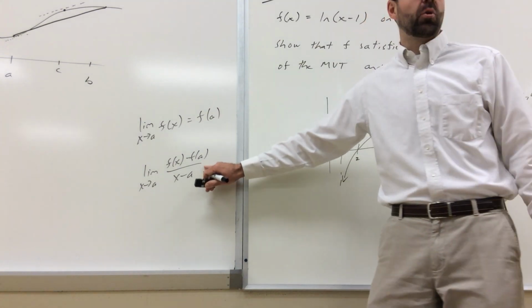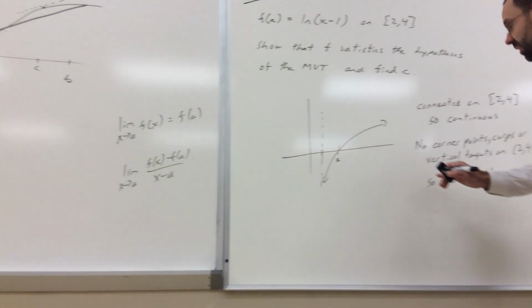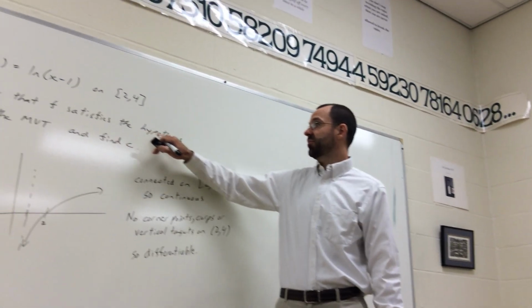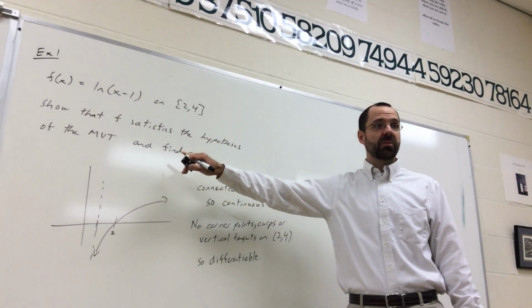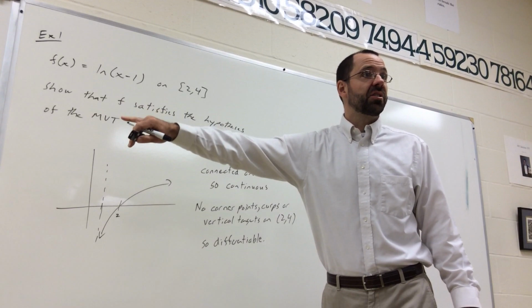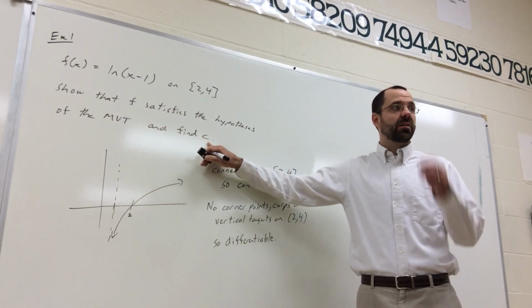So that's the formal way to show that it's differentiable. Okay, so now we have shown, informally, that f satisfies the hypotheses of the mean value theorem. So according to the theorem, there must be a c that does what that says it does over there. And so now we're going to find that c.